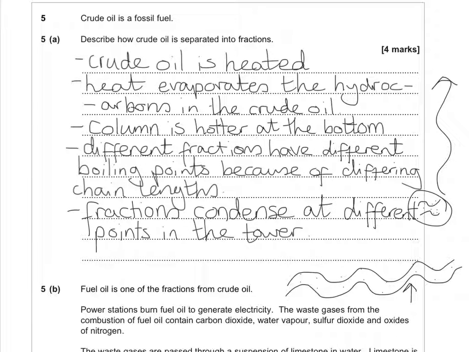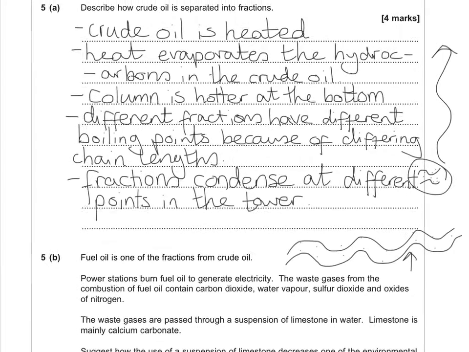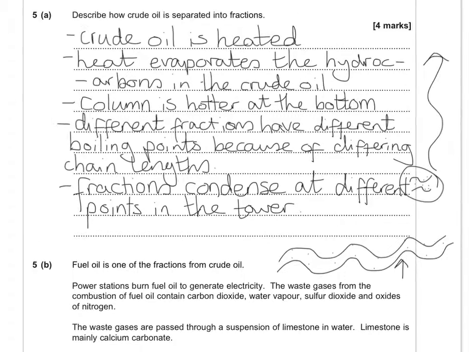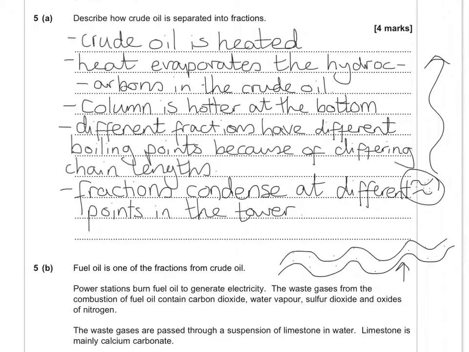Okay, so that answer gives a really full description, which will definitely get you the 4 marks. If you only manage to get 4 of those points, however, then you still get the 4 marks. But it's good to try and impress the examiner. They're more likely to give you a mark that they're hesitant on in a different area.